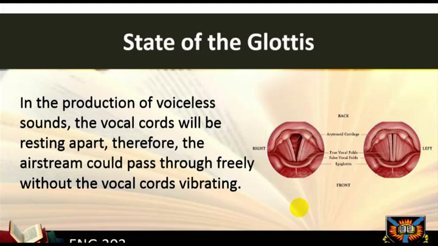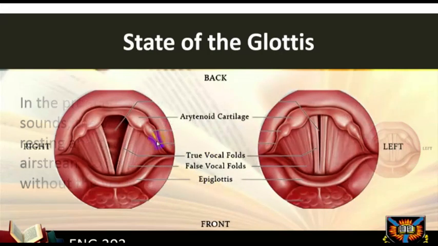Earlier, we mentioned two elastic tissues located in the larynx, referred to as the vocal cords or vocal folds. Remember, the passage between them is called the glottis. In the production of voiceless sounds, the vocal cords will be resting apart. Therefore, the airstream could pass through freely without the vocal cords vibrating. Sounds produced with this state of the glottis are said to be voiceless.